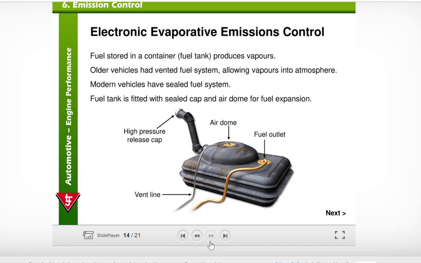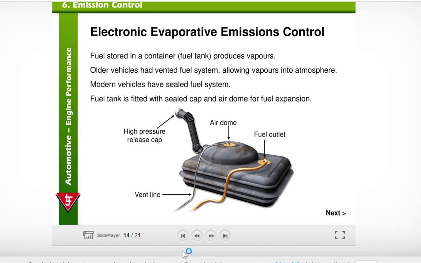Then we have electronic evaporative emission control. When you store fuel inside a container, in this case a fuel tank, it produces vapors. In older vehicles, the tanks usually were vented and they would allow the vapor to be free into the atmosphere. And these are actually the hydrocarbons that are released to the atmosphere that then would cause pollution and a lot of irritation to the eyes and the respiratory system.